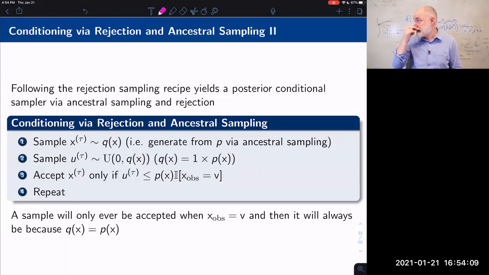And in that particular case, you can learn a surrogate that represents the conditional distribution arising from a rejection sampling algorithm. Another thing to say, and this is really important: in the first order probabilistic programming language that we're going to talk about, you can't actually write a rejection sampler.